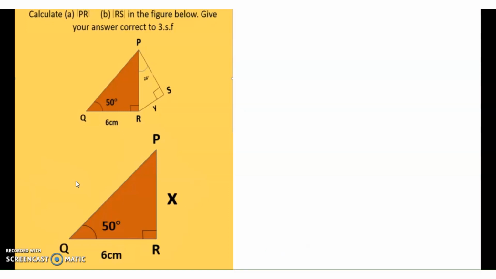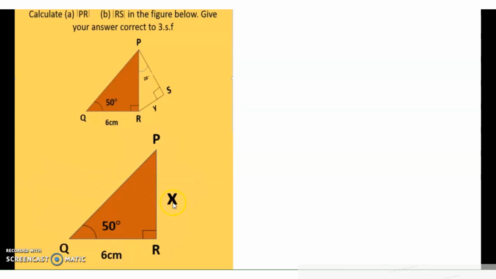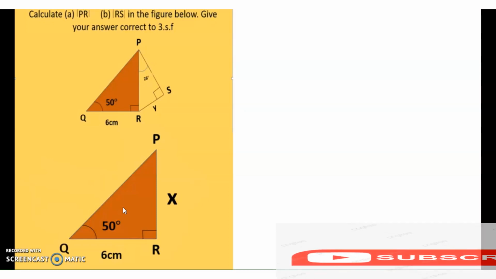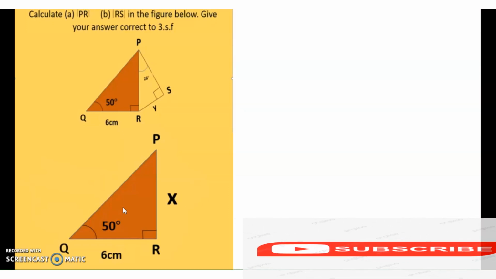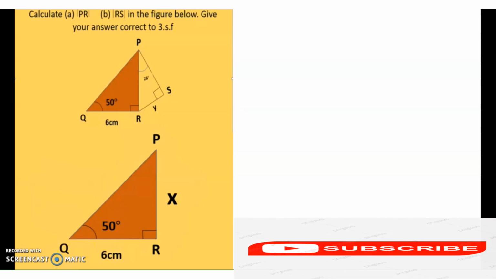This will be our focus, because you cannot solve for side X without knowing where your opposite, adjacent and hypotenuse are. Please, if you label these three wrongly, you are going to get a wrong answer. So the first thing to do is to try to label the sides. Now let's see how we can label the three sides.